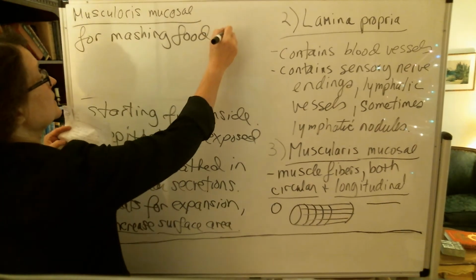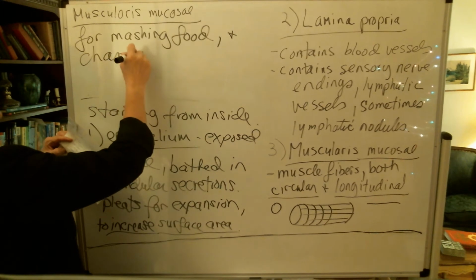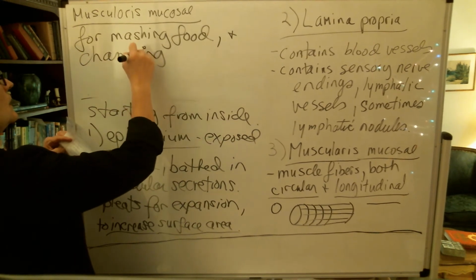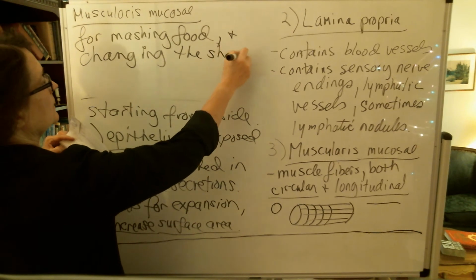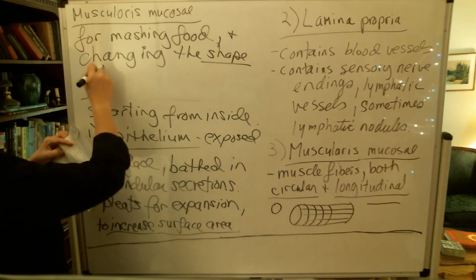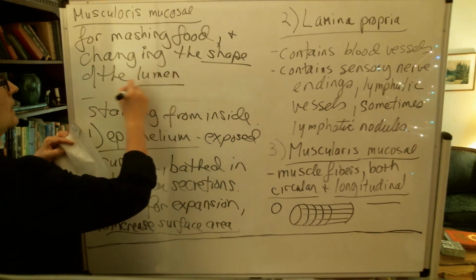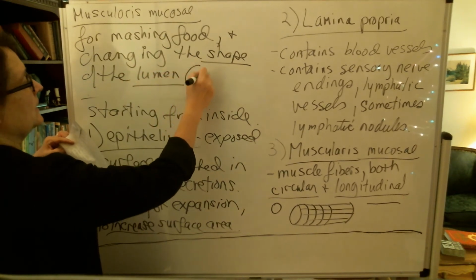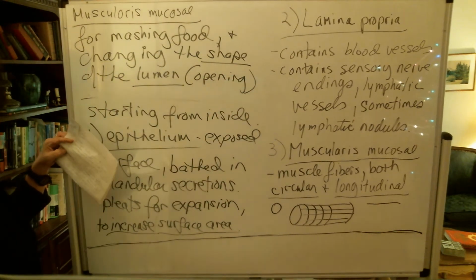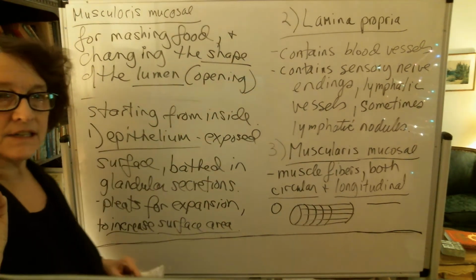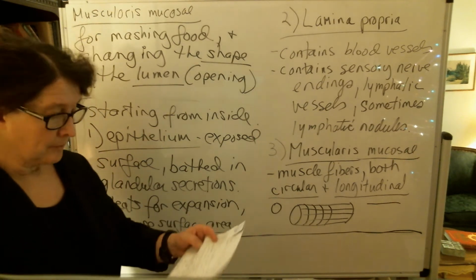So this also goes for changing the shape of the lumen. The lumen is the opening, the actual open part of that tube. The inside part where the food's going through is known as the lumen.